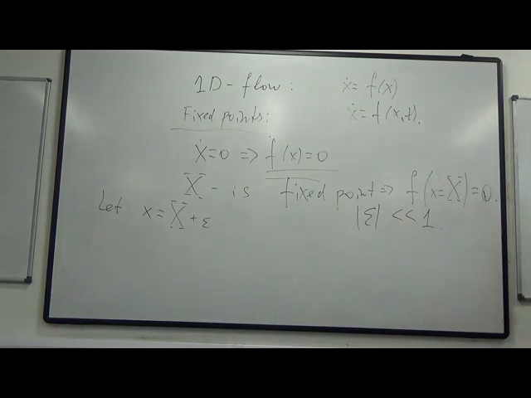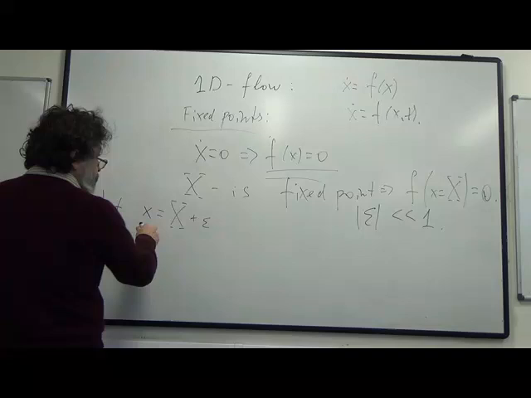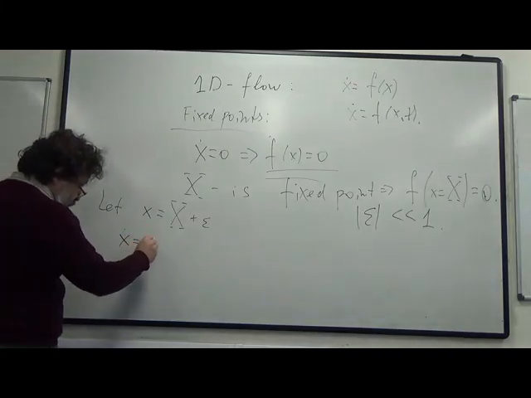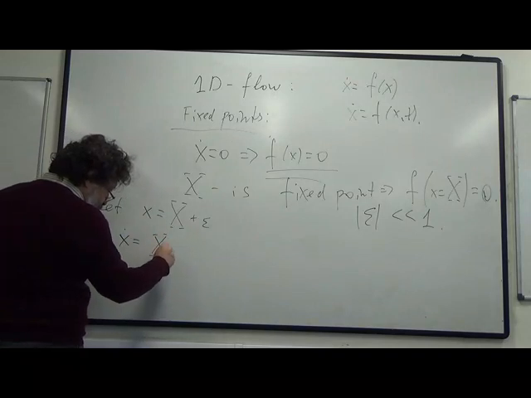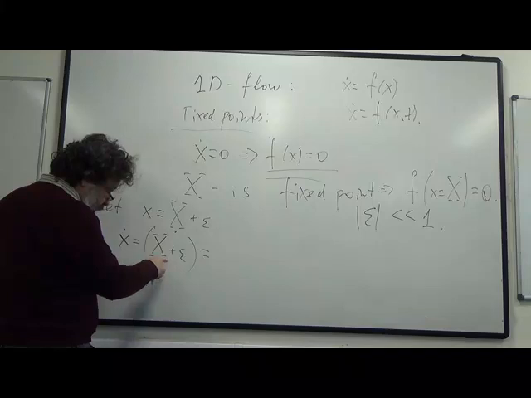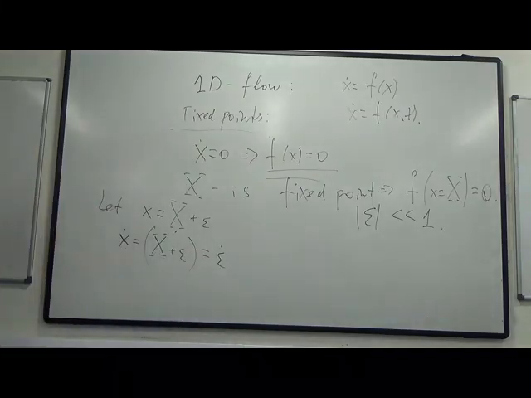Then if we put it like this, x dot will be equal to the derivative of this. Since x capital is constant, it will be epsilon dot. So x dot equals epsilon dot. Is it okay?